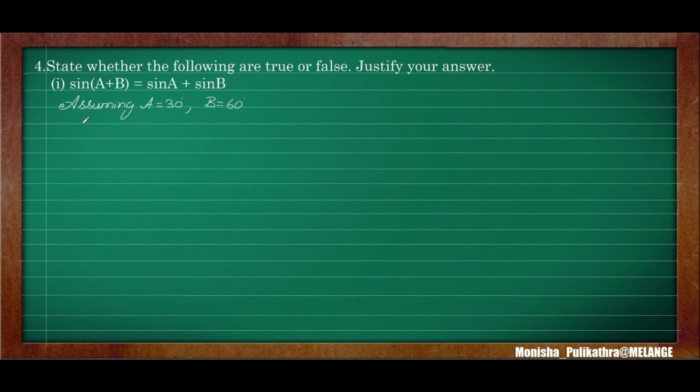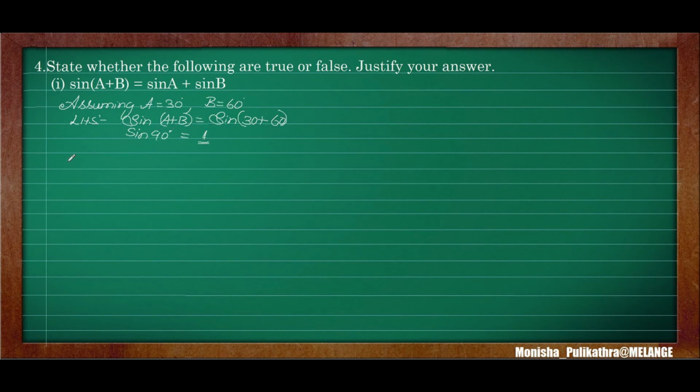So sin(A plus B). I will be taking LHS first. Sin(A plus B) is sin(30 plus 60). So that is sin 90. So sin 90 degree is equal to 1.